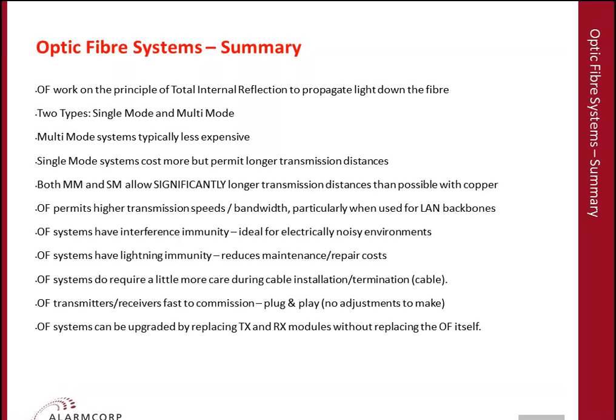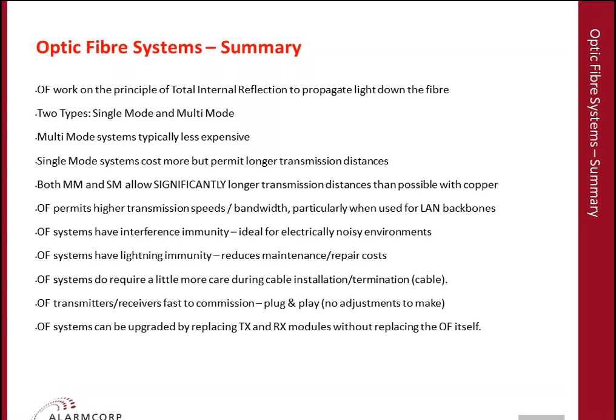And finally, optic fiber systems can be upgraded by replacing the transmission and receiving modules without having to replace the optic fiber itself. So let's say we have an analog video system today. There is an analog camera in the field and a classical digital video recorder back at the server room, and we are transmitting the system over optic fiber.